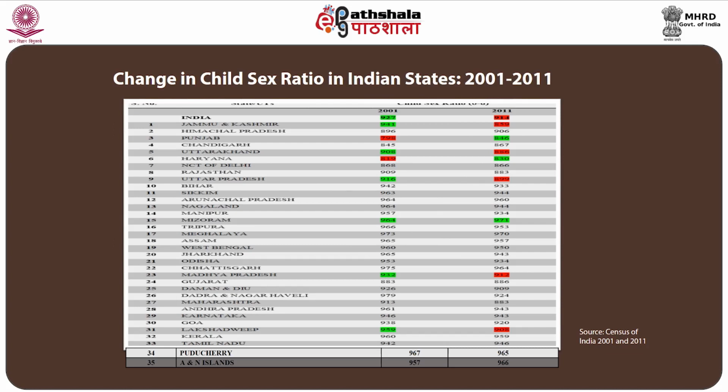But if you look at different parts of the country, we also see that between the 2001 census and 2011 census, there has been a decline irrespective of the regions of the country. So, even in the south, there are places where there has been worsening of the child sex ratio, and there are places even in the north where there has been worsening, although the levels in these places have been significantly different.